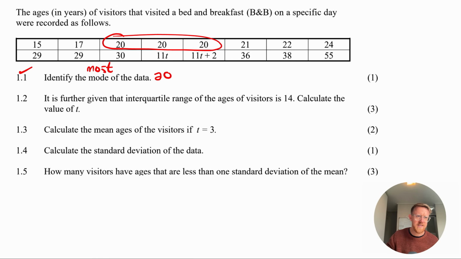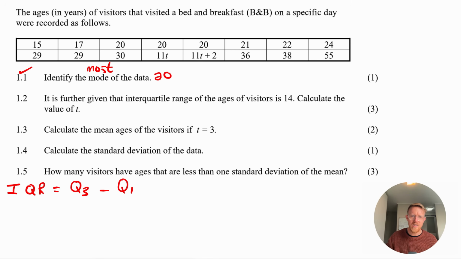This question says, it is further given that the interquartile range is 14. From that, calculate the value of t. So we know that our interquartile range is always your upper quartile, which is Q3, minus your lower quartile, which is Q1.